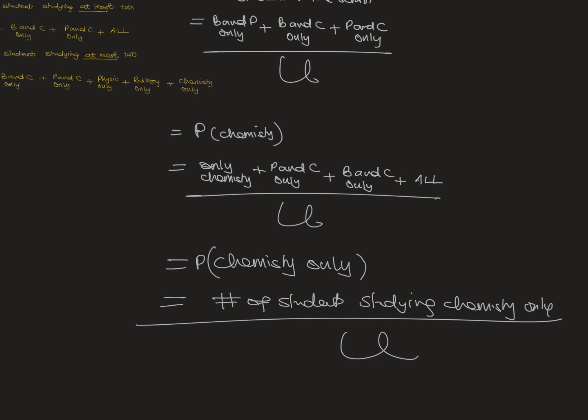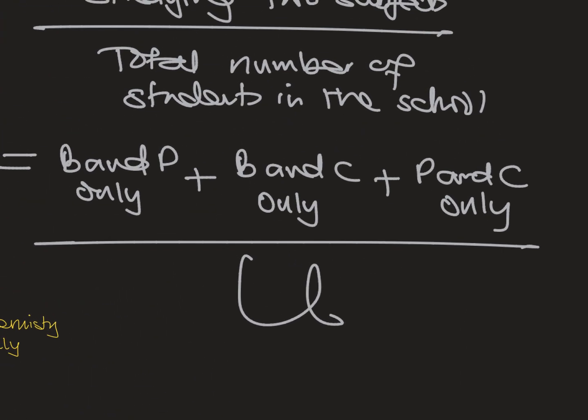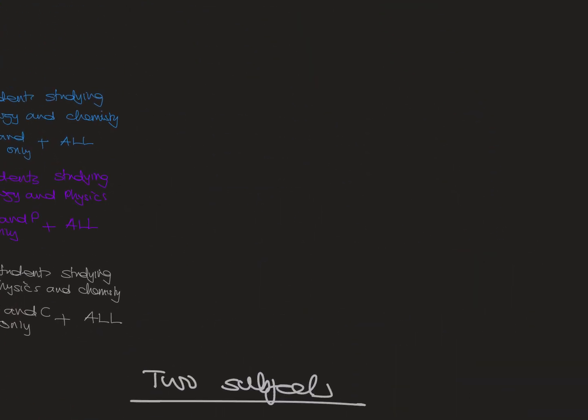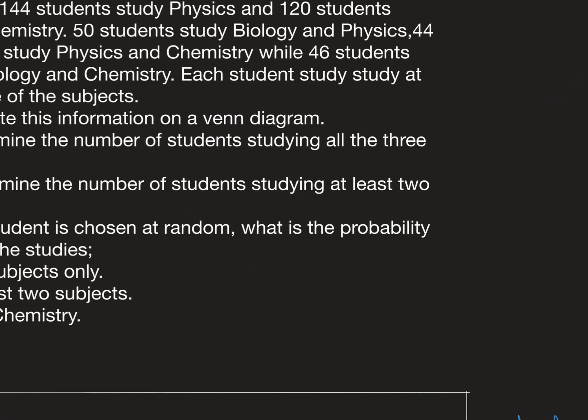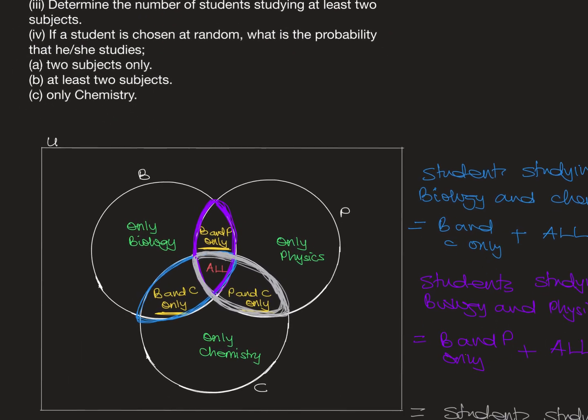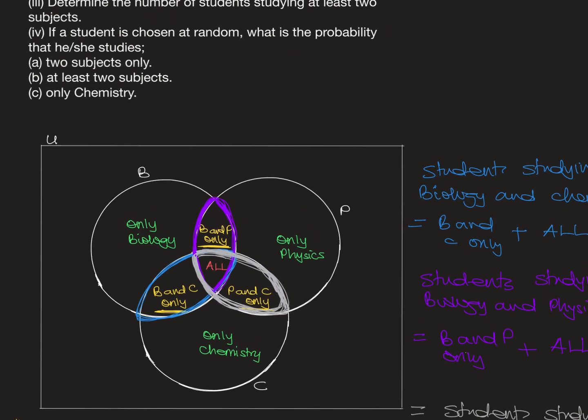So you can see how important it is. If there is only one message that you will go with, it is the message of "only", whether it is mentioned or not. So for those that are studying 2 subjects and above, the situation is important to understand.